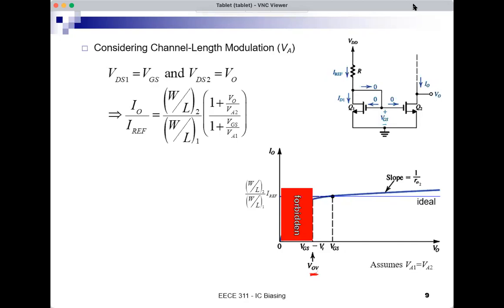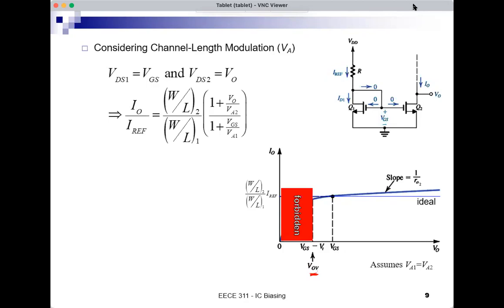If the output voltage is less than VOV, it means that VDS of Q2 is less than VOV, and Q2 will no longer be in saturation, and the whole equation will no longer apply. So I will call this region where the output voltage is less than VOV the forbidden region. I shouldn't really operate there. I'd be operating the circuit outside the region where it's applicable. So let's forget about this.